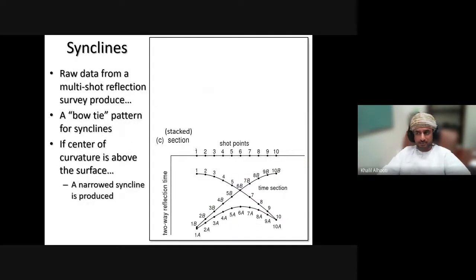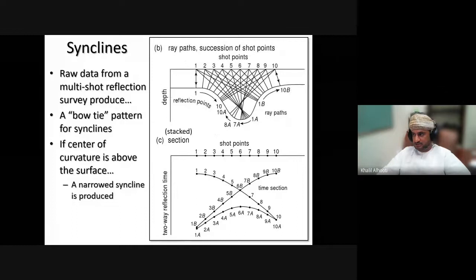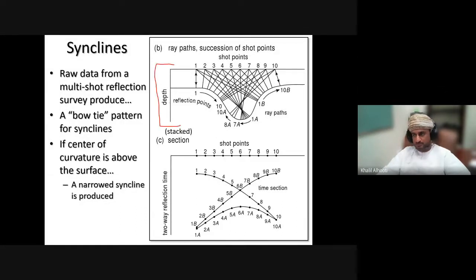Let's take a real example. This is in terms of geology, that's the depth domain. I have a source and receiver here. At number 1, I have a source and receiver. This is one possibility.